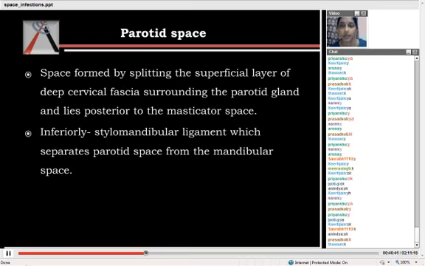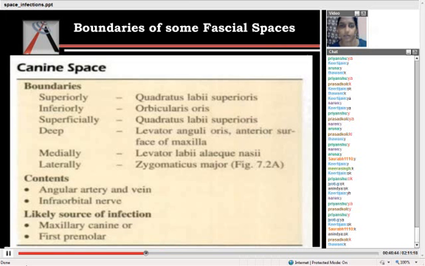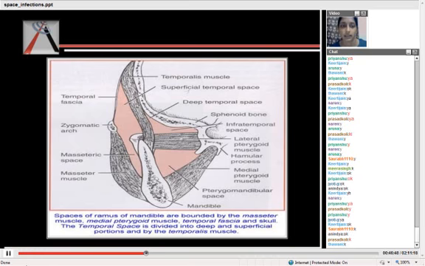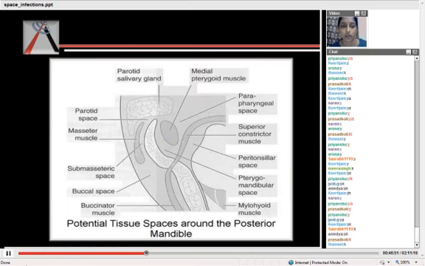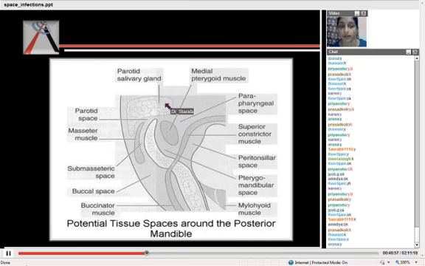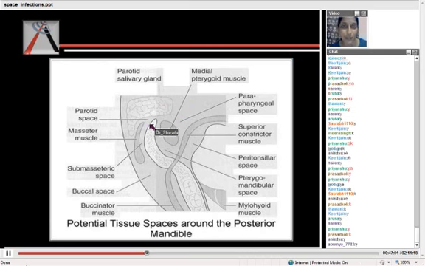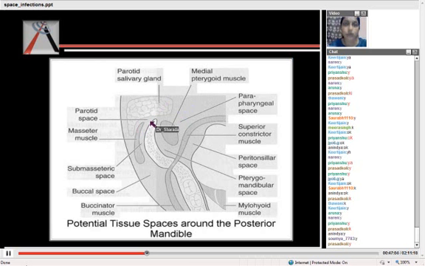Okay, just let me see. One sec. Parotid. Okay. Can you see the parotid salivary gland in this? You can, right? This is the parotid space. So let's imagine, you know how the buccinator space was. It ended right where your masseter muscle started.